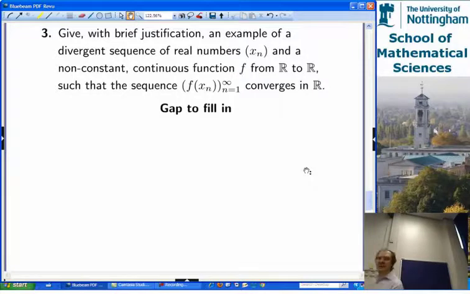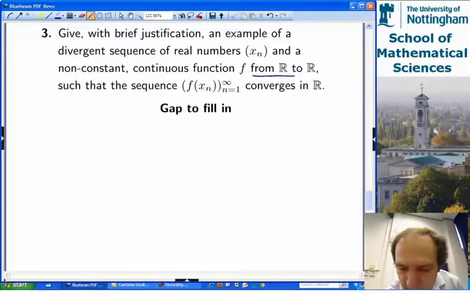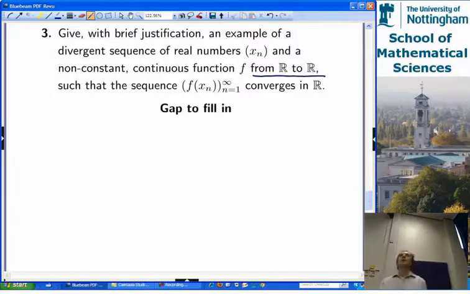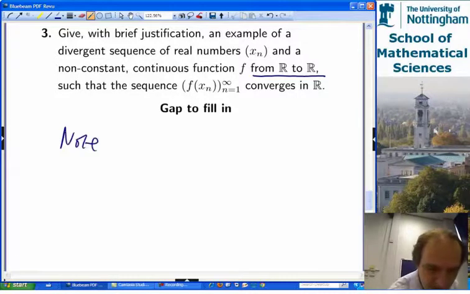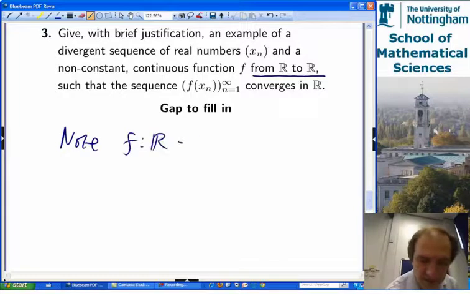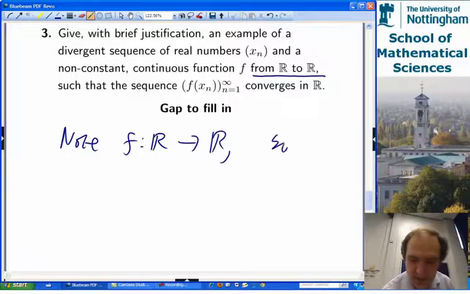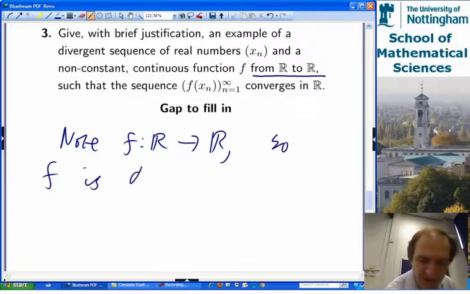Here's another past exam question. This one wasn't done very well. So I'll give you some notes to try to help you avoid the mistakes that they made in the exam when this one came up. Note that F is going from R to R. So F is defined and continuous.